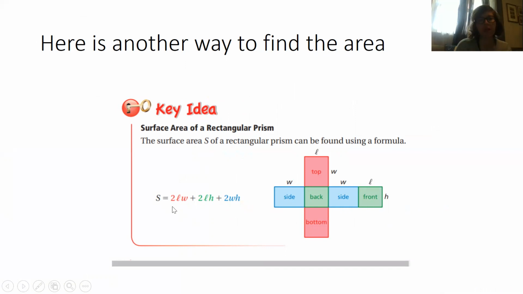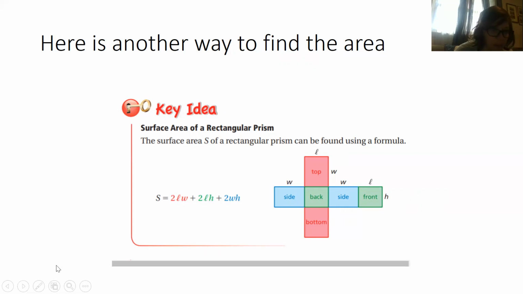You multiply 2 times the length times the width, because there are 2 of them, plus 2 times the length times the height, so here's your front and your back, plus 2 times your width times your height. This is a lot simpler way to do it. You just need to remember 2 times the length times the width, plus 2 times the length times the height, plus 2 times the width times the height. That way, instead of having to add up all those numbers, it's a little bit simpler.